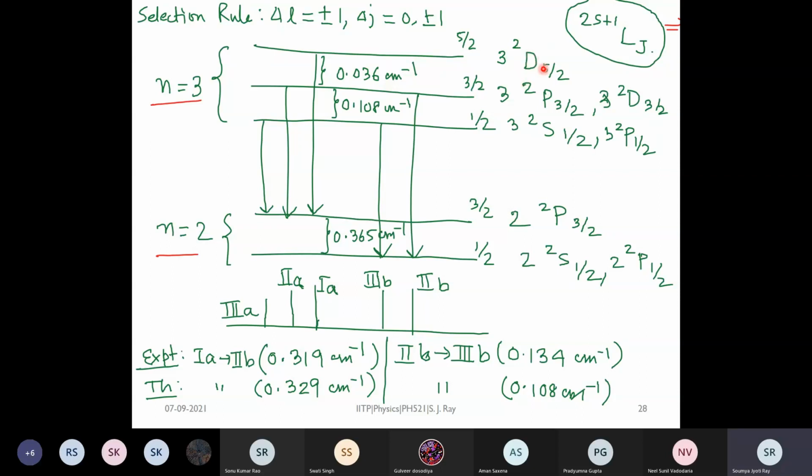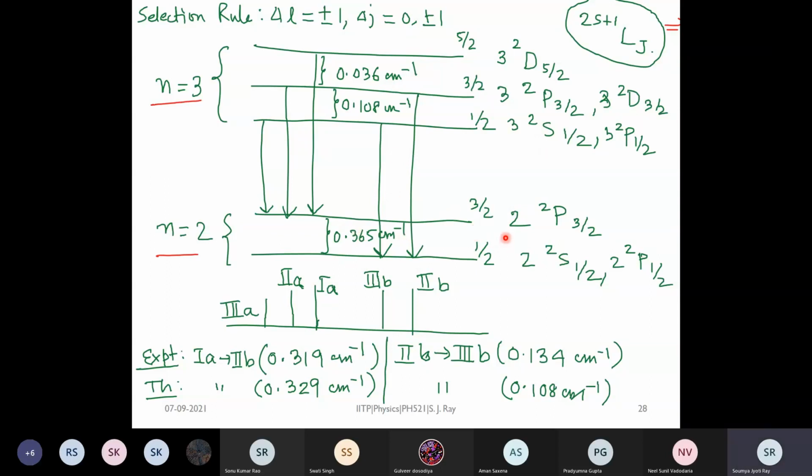Here 2D5 by 2 is the term associated with this top energy level. 3 is the value of n, which I am just putting before it. For J equal to 3 by 2, the terms which are possible will be 2P3 by 2 and 2D3 by 2. For J equal to half, the terms which are possible are 2S half and 2P half.